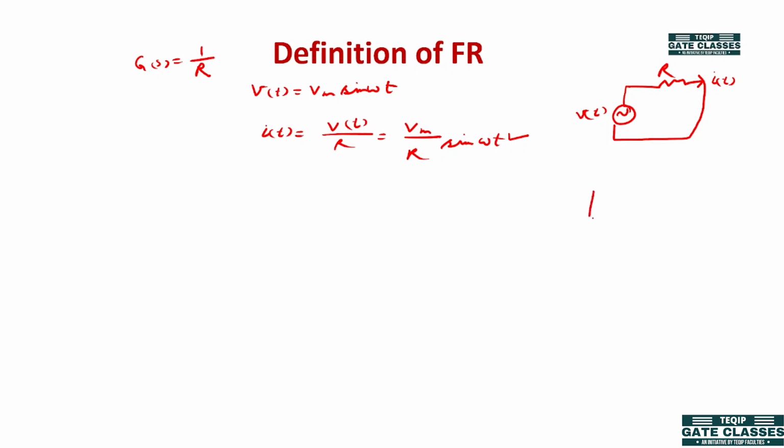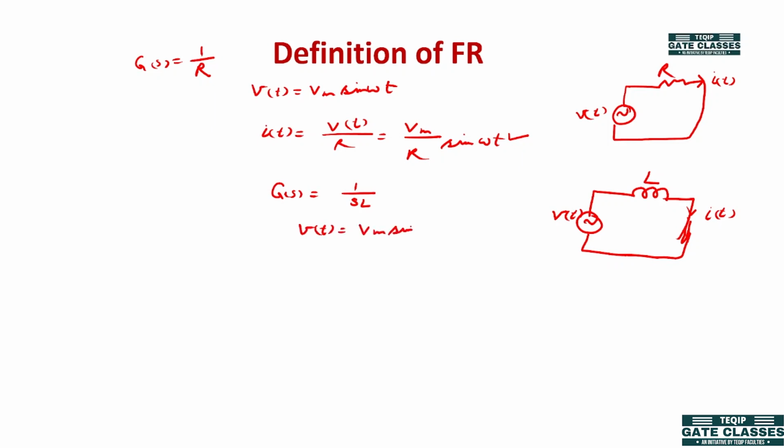Let's take another example of a pure inductive circuit. Again we have a current i(t) in response. This is L and this is v(t). In this example, our G(s) would be equal to 1 by sL and our v(t) is the same, Vm sin omega t.